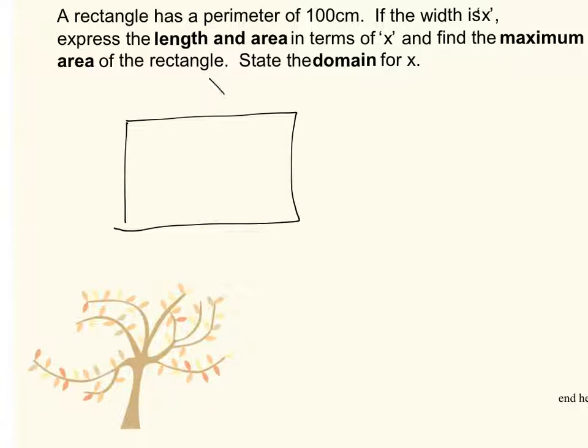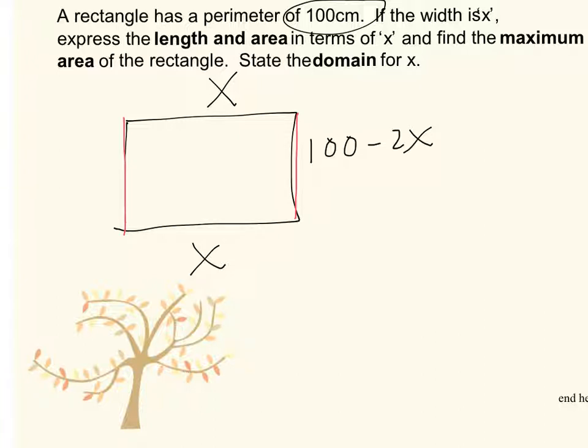Okay, so let's start in the same place. Let's say the width is x. Okay, I've got 100 centimeters to work with. And this was the point on the previous problem where I would have said, okay, for this remaining side, it's got to be 100 minus 2x. But the thing is here, I now have to build this side and the fourth side.